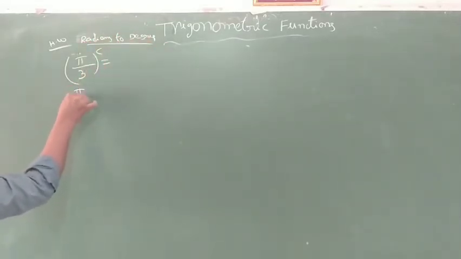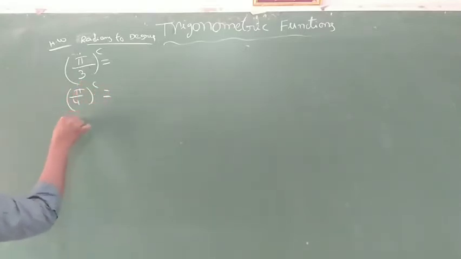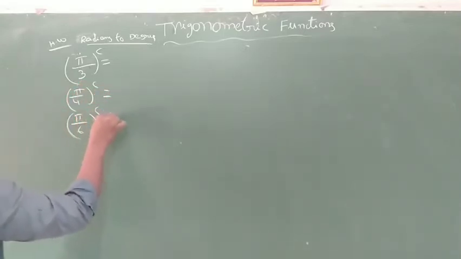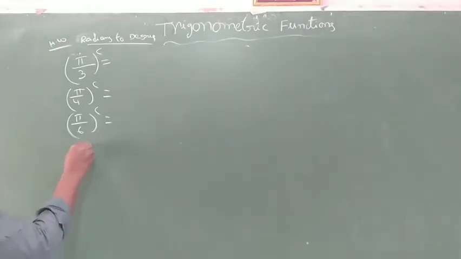Pi by 3 radians, pi by 4 radians, pi by 6 radians, 2 pi radians, 2 pi by 3 radians is equal to. This is the homework. Next, the homework, next one.